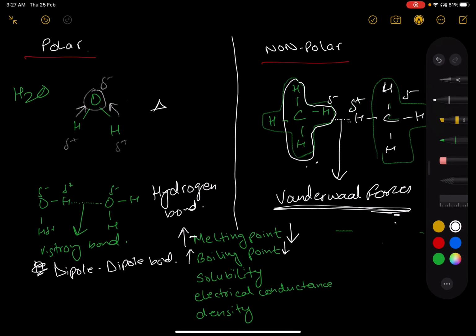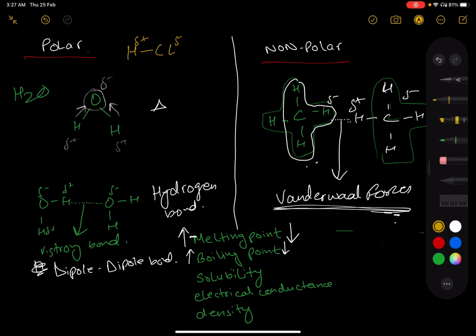Okay, solubility. This is a very interesting concept. Hydrogen chloride is another polar molecule.